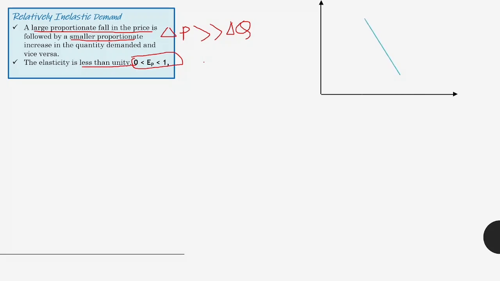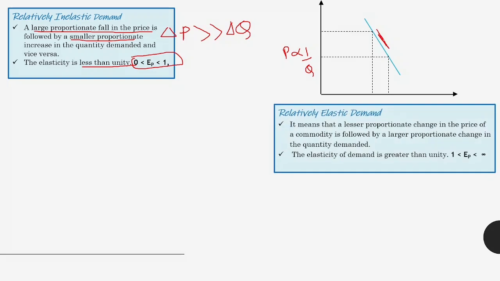And graphically it is a demand curve. As we know, the demand curve is downward sloping, since price and quantity have an inverse relation, as we talked about in the law of demand. So the curve is downward sloping, but it is steeper. Now the fourth one is relatively elastic demand, and here it means that a lesser proportionate change in price is followed by a larger proportionate change in quantity demanded.